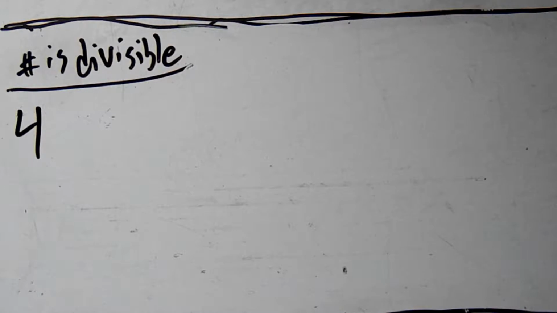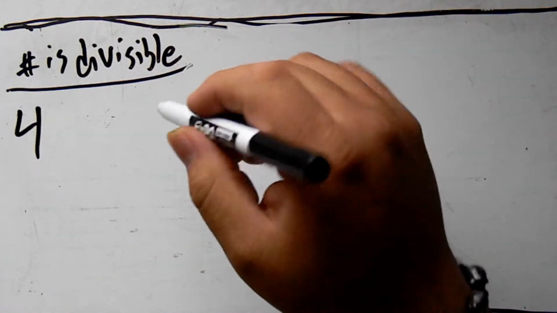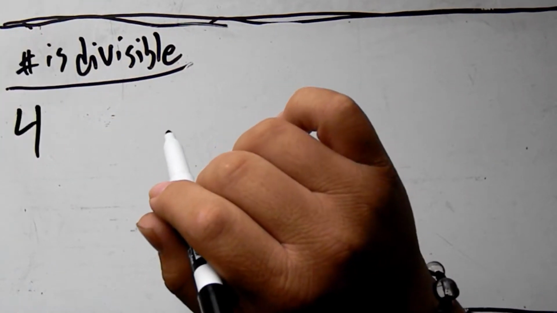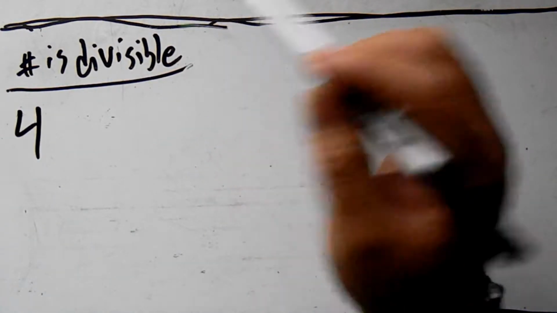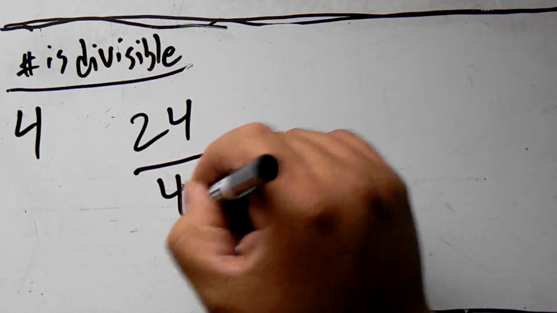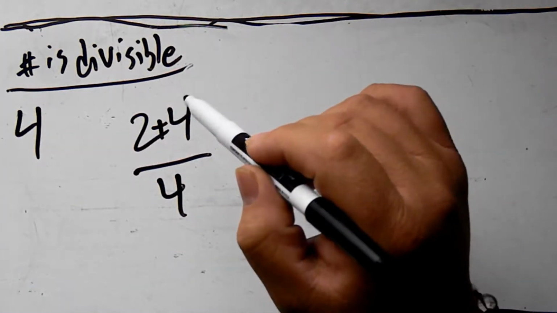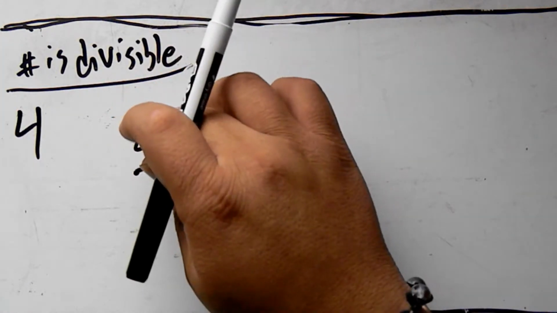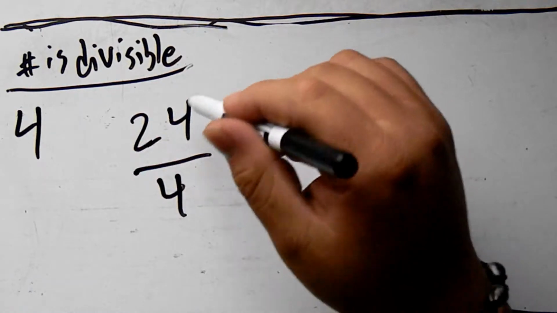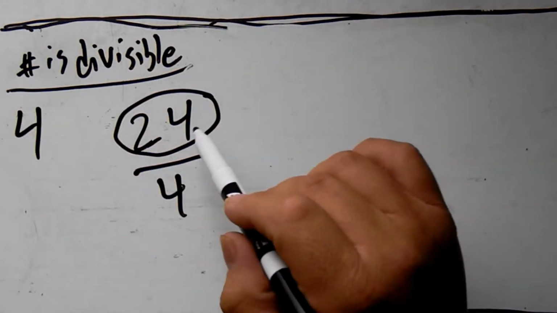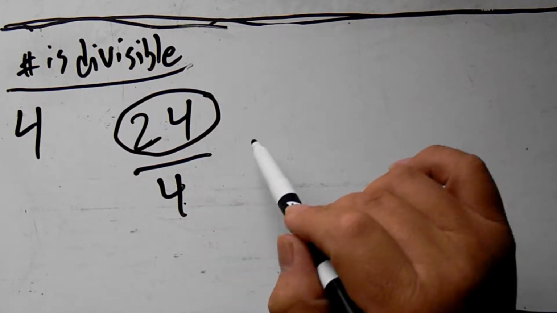So let's look at 4 now. The rule for this is that if the number formed by the last 2 digits is divisible by 4, then the number is divisible by 4. Let's take a look at 24. We know 24 is divisible by 4. Oops, not the sum. This is just the number formed by the last 2 digits. 24 is divisible by 4.